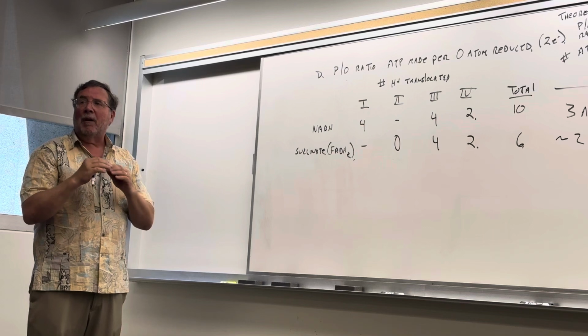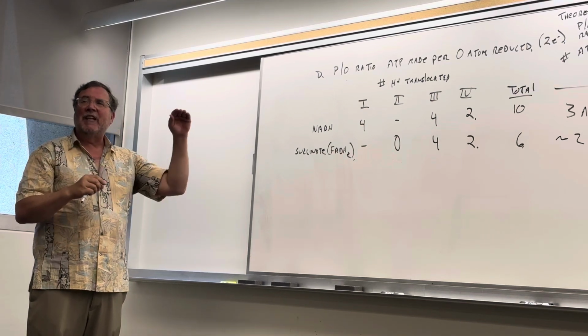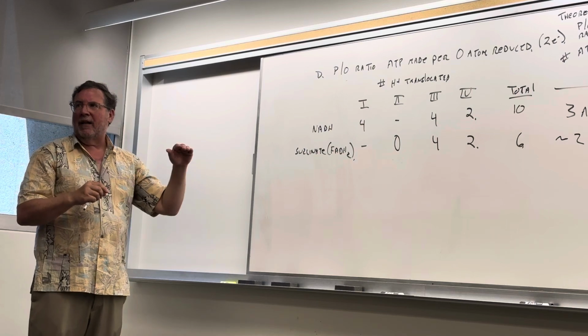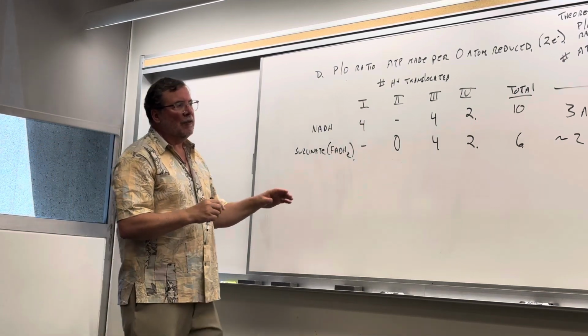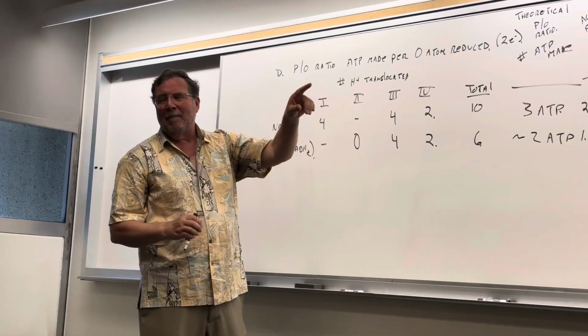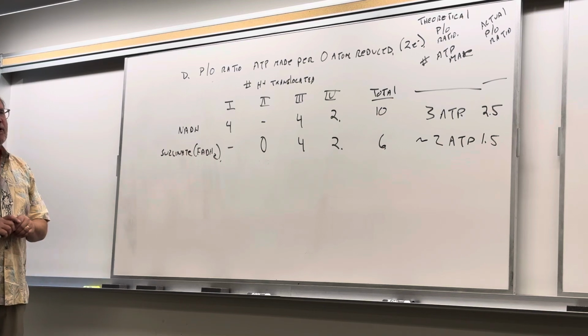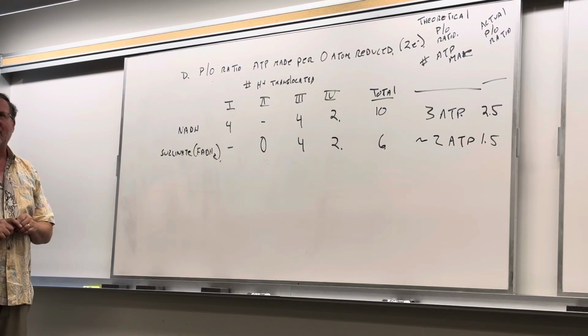Those transport processes, especially the transport of phosphate, will dissipate some of that electrochemical gradient. So basically, not all the hydrogen ions that are moved make their way back through the ATP synthase. The dam leaks a little bit.